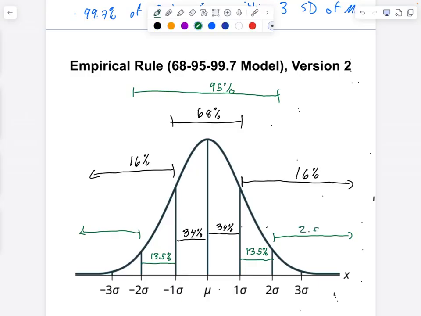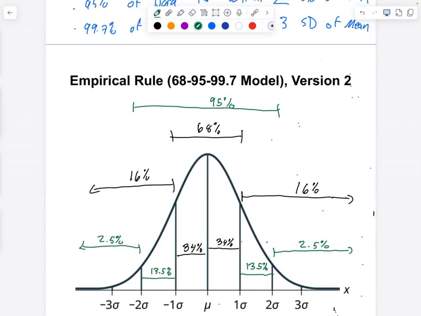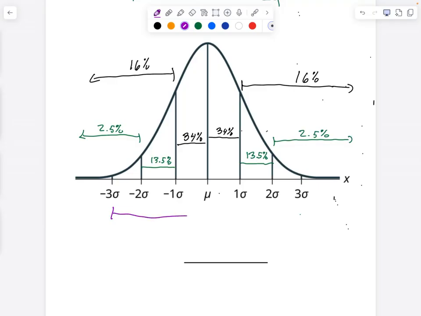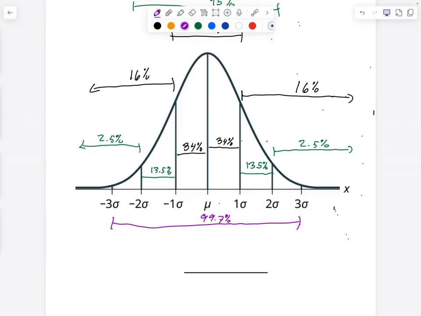What's the difference between 95% and 99.7%? 99.7 minus 95. 99.7 minus 95 is 4.7, but this is only half of that, so we divide that by 2, and we get 2.35%.